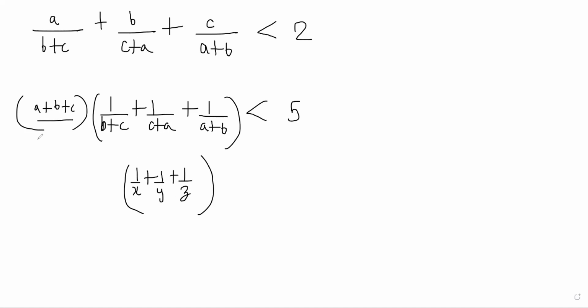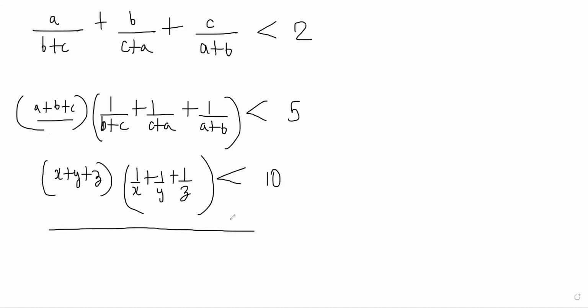And x plus y plus z is 2 times (A plus B plus C). So (x plus y plus z) by 2, right? So you have this, right? Okay, is less than 10 here.